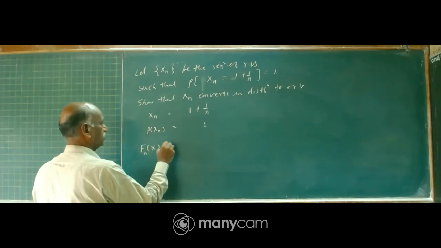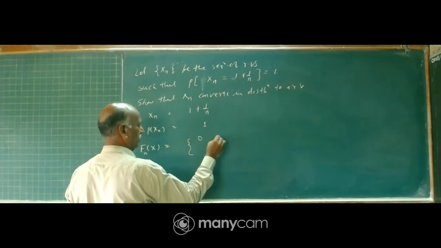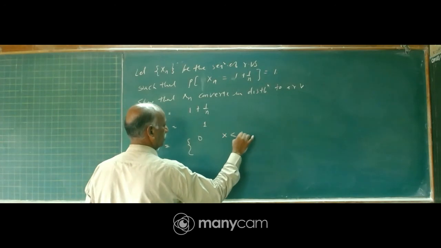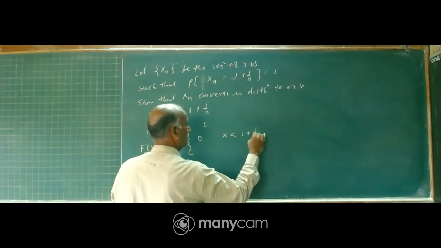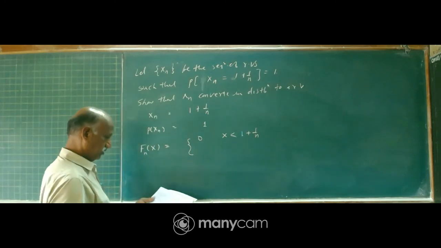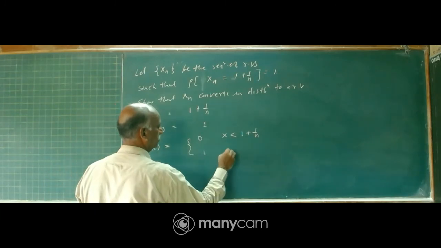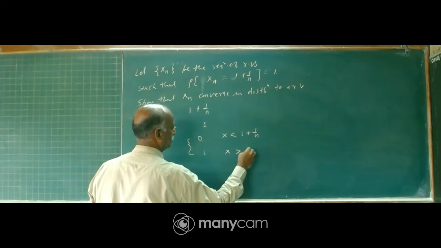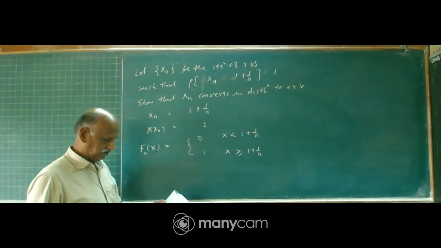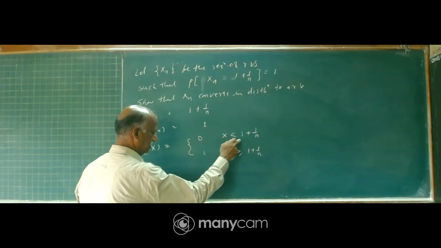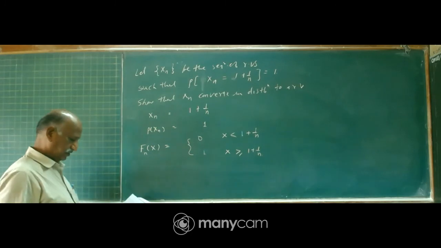Fn(x) is equal to 0 if x is less than 1 plus 1 by n, and as soon as x becomes greater than or equal to 1 plus 1 by n, it becomes 1.